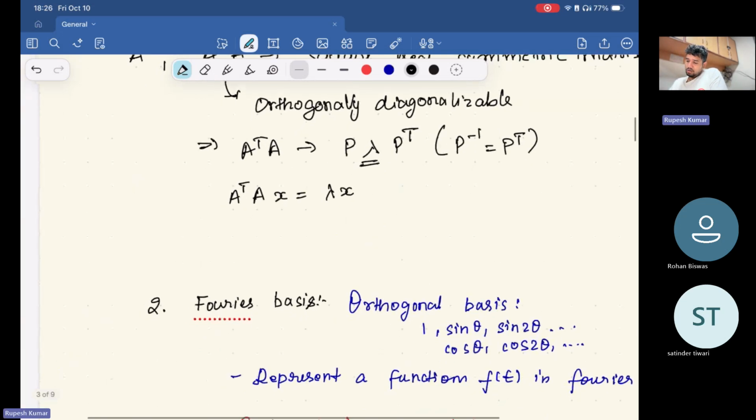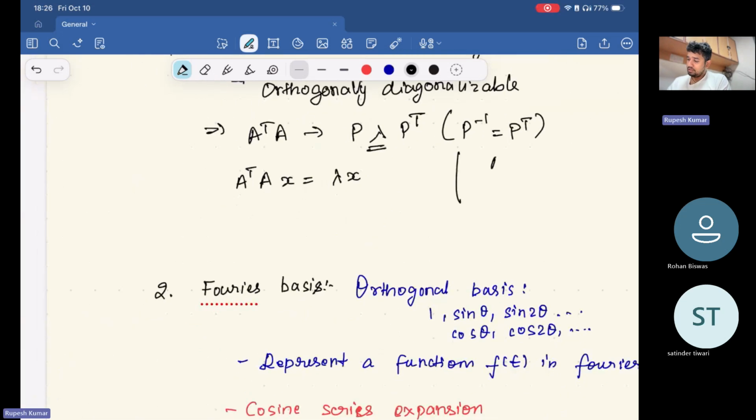Now let's say this decomposition exists, U sigma V transpose. Then what A transpose A looks like, we all know how to get to this: V sigma transpose U transpose U sigma V transpose.